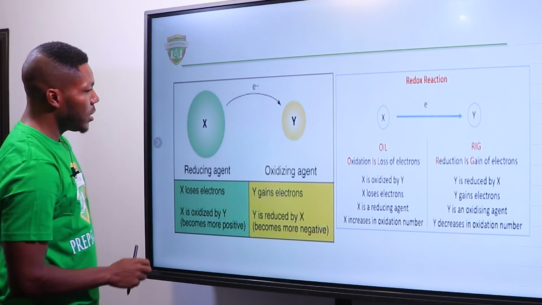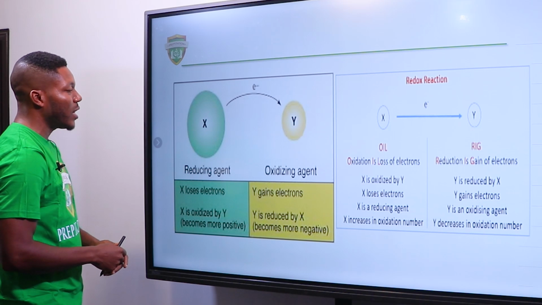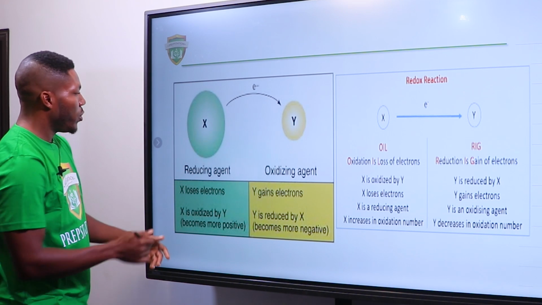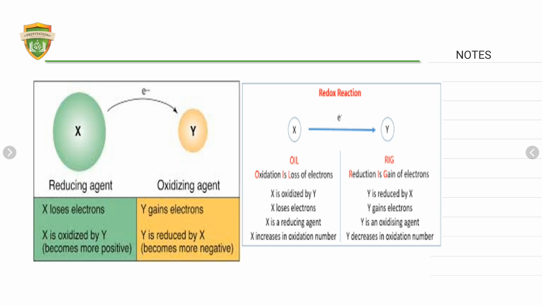All right. So this is a picture that further demonstrates what I just explained: reducing agents and oxidizing agents. Now look at this diagram very well.